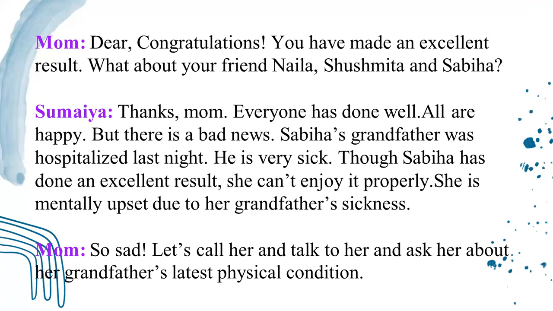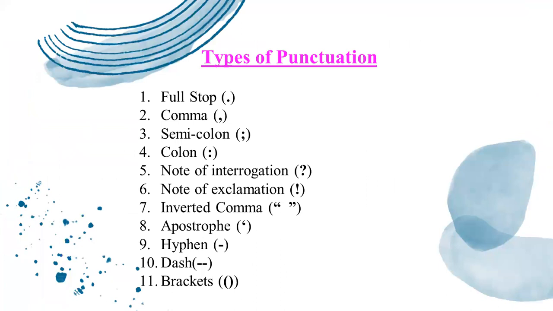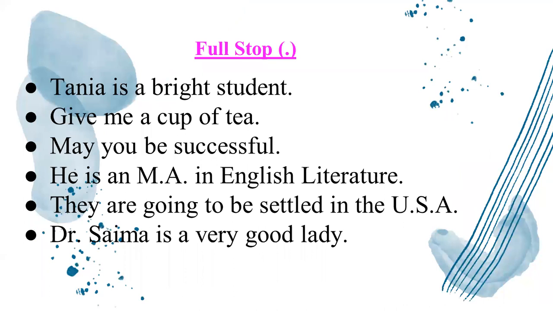The main punctuation marks are of 11 kinds in the English language. Okay, have a look here now. What are they? Number 1, full stop. Number 2, comma. Number 3, semicolon, then colon, note of interrogation, note of exclamation, inverted comma, apostrophe, hyphen, dash, and brackets.